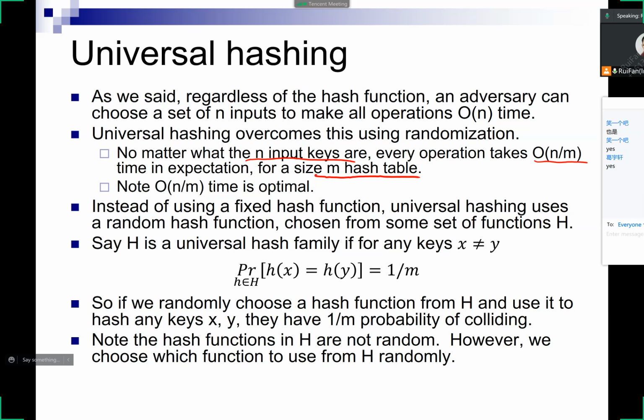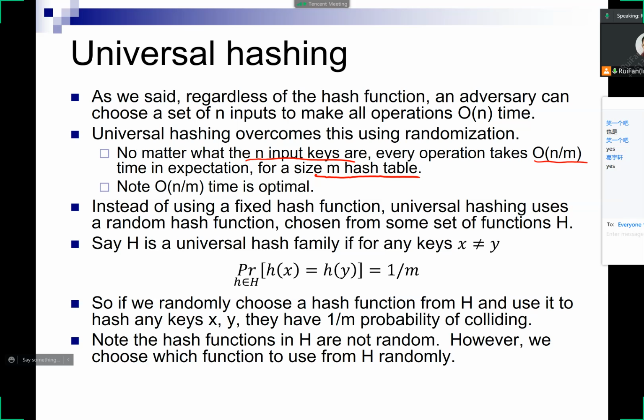And this is optimal because if you have n keys in a table of size m, then on average each table entry is going to have n divided by m keys inserted into it. So universal hashing is optimal in expectation.